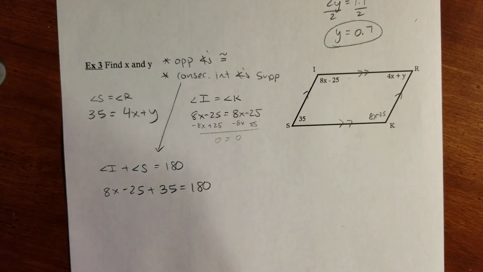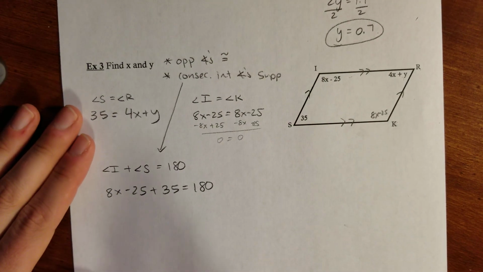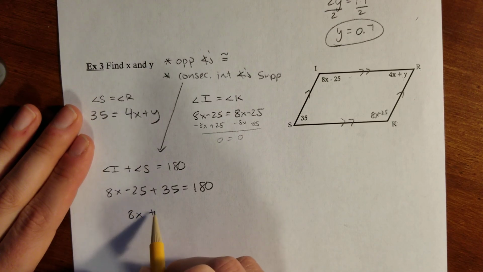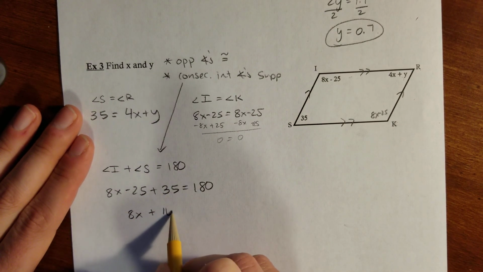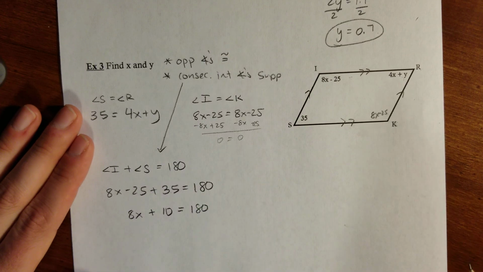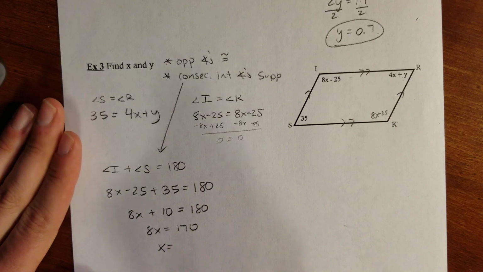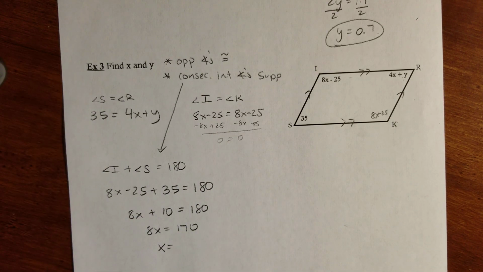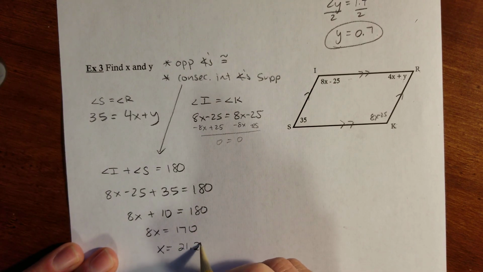And this equation only has one variable, so we can solve it. So 8x plus negative 25 plus 35 is 10. Subtract 10, 170, divide by 8. 170 divided by 8 is 21.25.